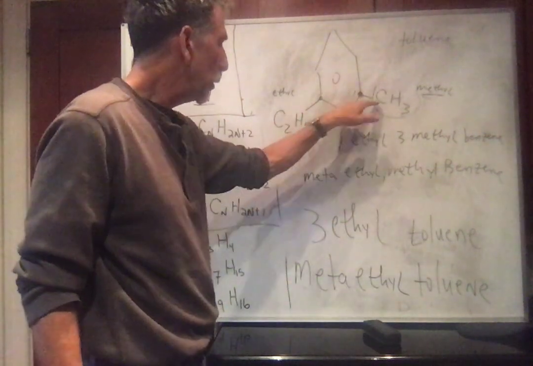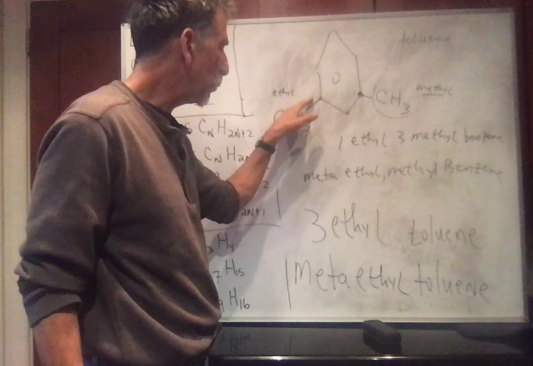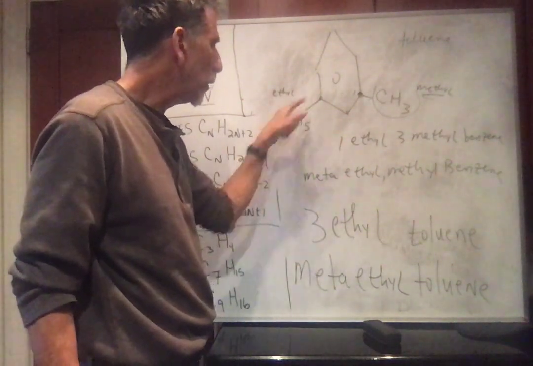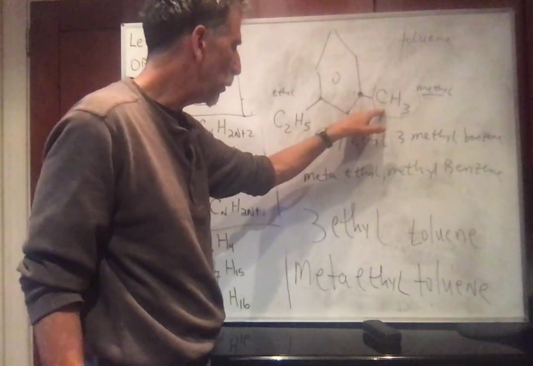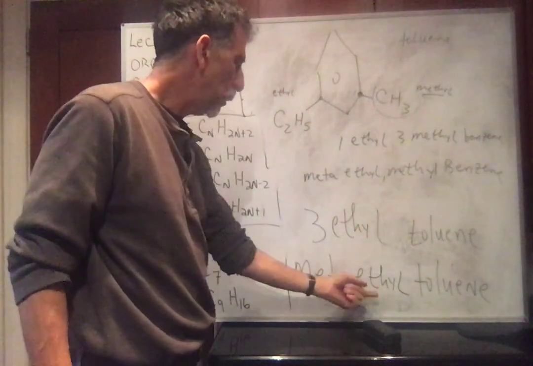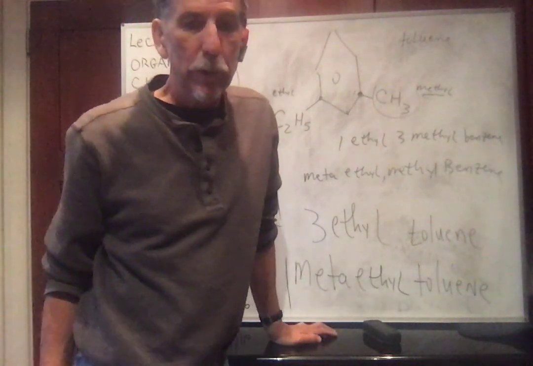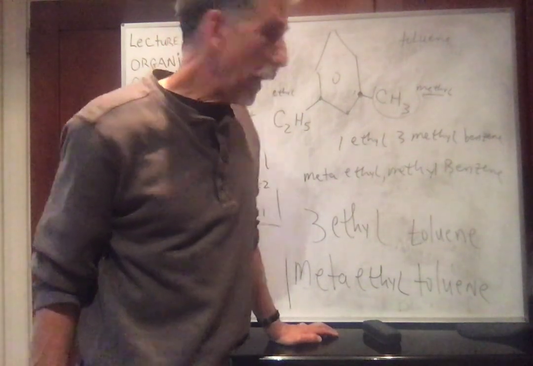So if that defines it to be toluene, then on carbon 3 is the ethyl, or that ethyl is meta to what makes this toluene, which is the methyl. So it would be meta ethyl toluene. Okay, you see it could be a little confusing, but it's not that bad.